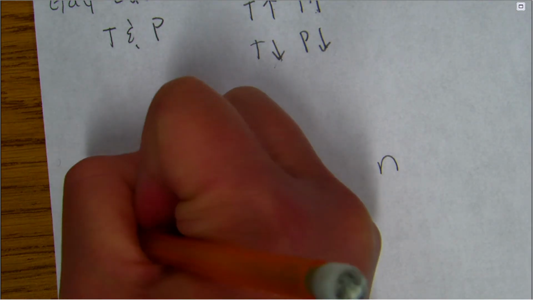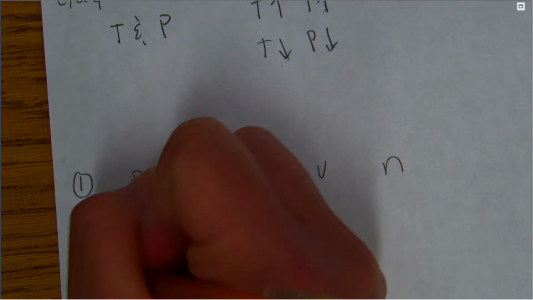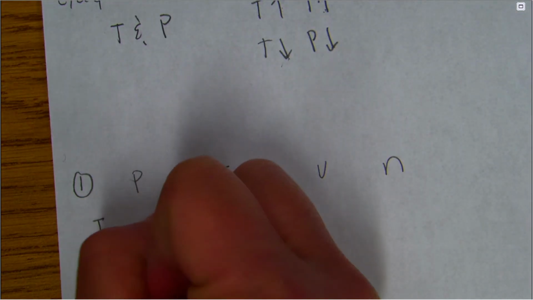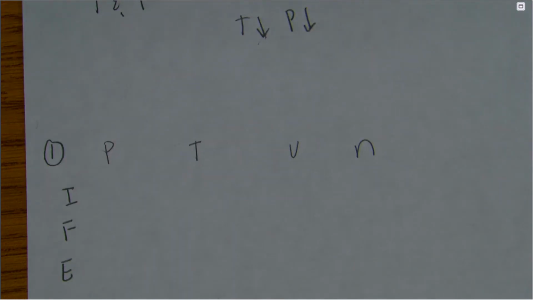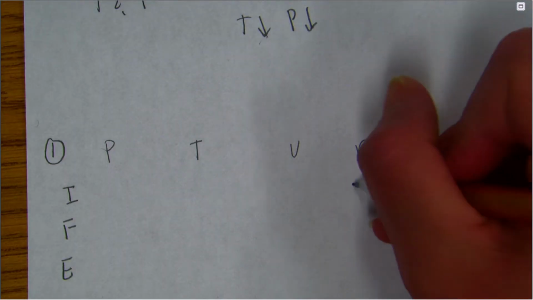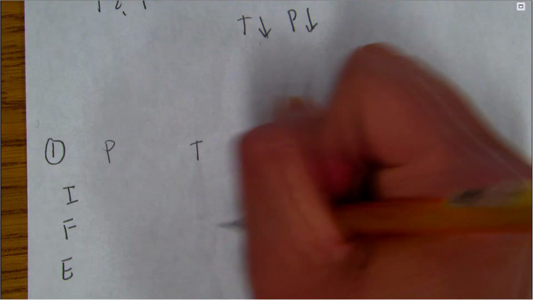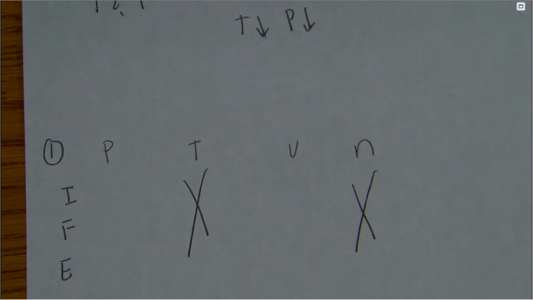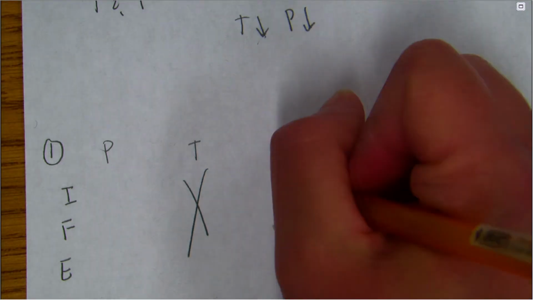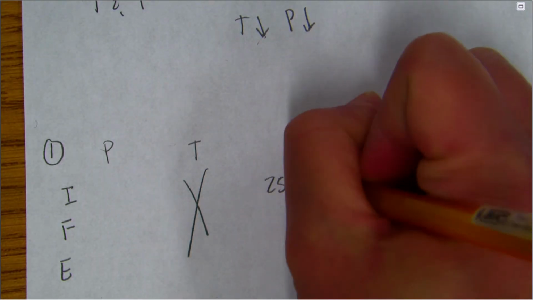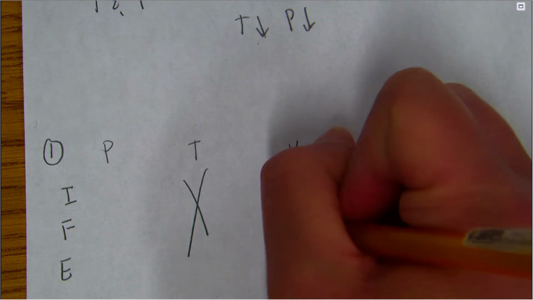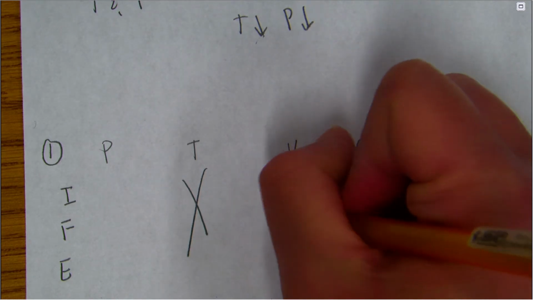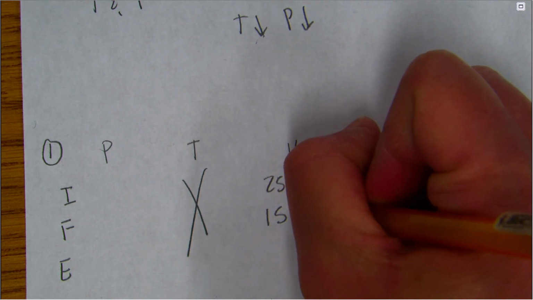All right, so we have our initial, we have our final, and then we have our effect, what happens. So it tells us that the number of moles is constant and the temperature is kept constant. So our volume initially is 250 centimeters cubed, and then it goes down to 150 centimeters cubed.